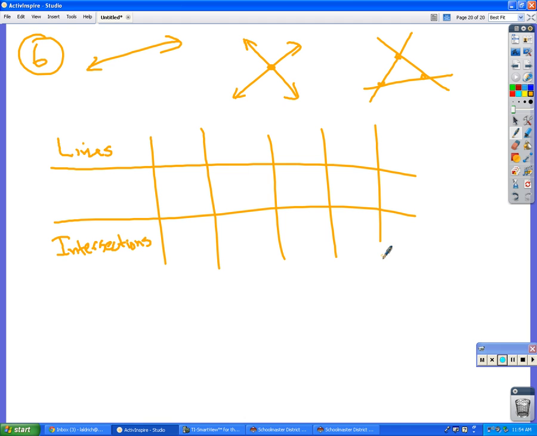If I have one line, how many intersections do I have? 0. If I have 2 lines, how many times do they cross? Once. If I have 3 lines, they cross 3 times. If I have 4 lines, how many times would they cross then?